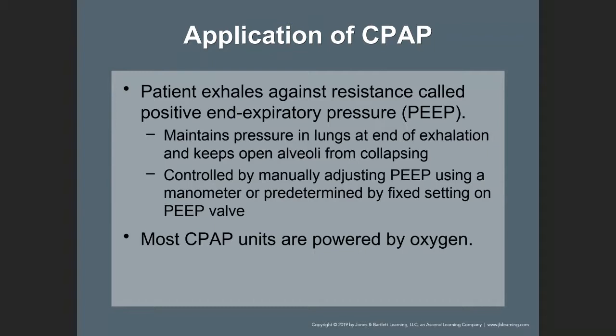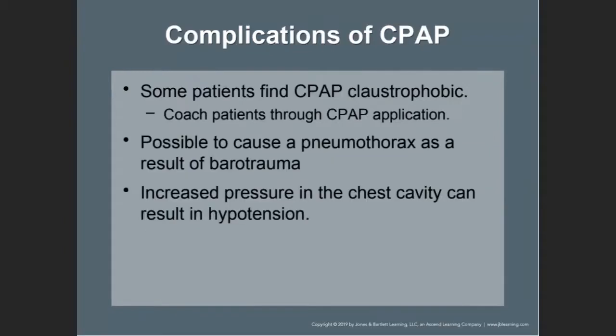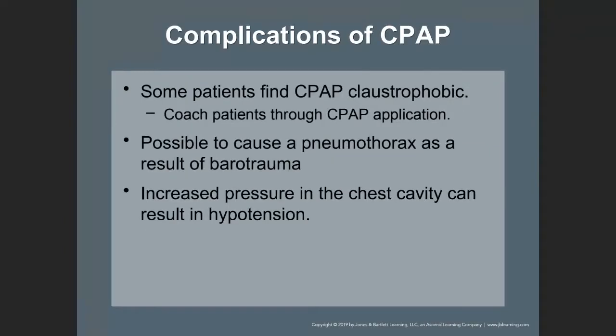Most CPAP units are powered by oxygen. Complications of CPAP: some patients find the CPAP to be claustrophobic. Coach patients through CPAP application. It's possible to cause a pneumothorax as a result of barotrauma. Increased pressure in the chest cavity can result in hypotension.